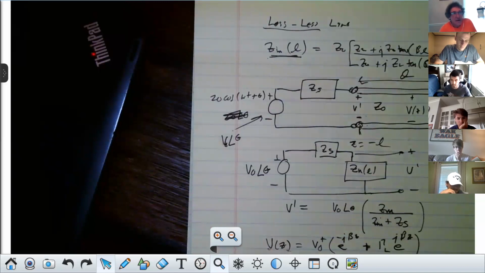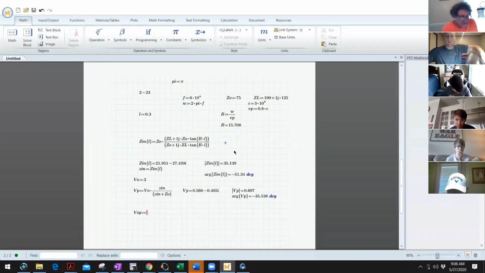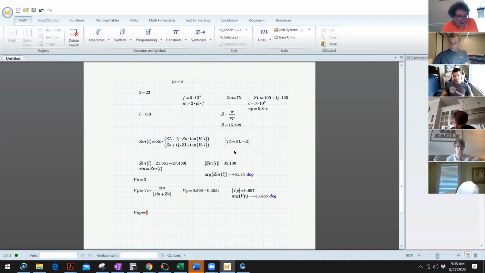And I'm going to do this. I didn't get the reflection coefficient yet, did I? So I need to get the reflection coefficient. I'm just going to call it gamma L right here. And the reflection coefficient is equal to what? Well, it's ZL minus Z naught, that quantity divided by ZL plus Z naught.